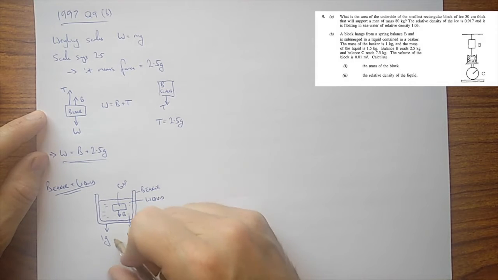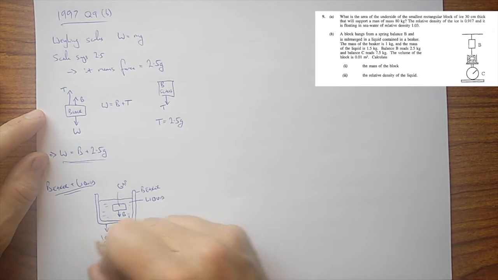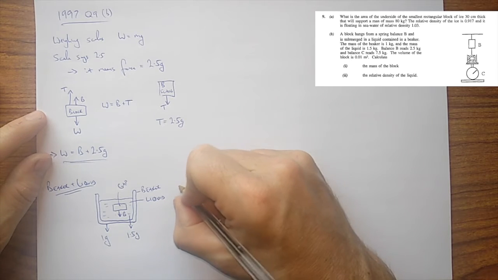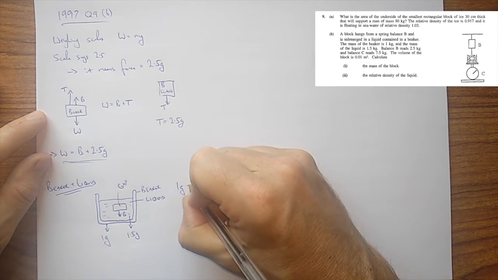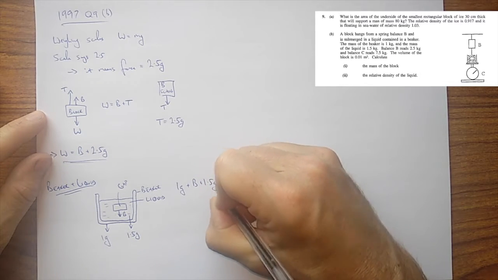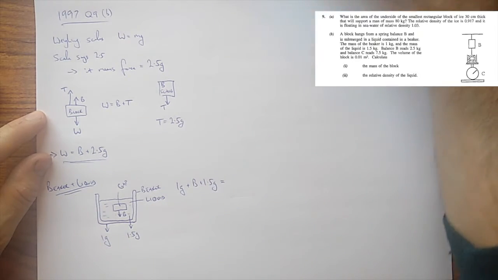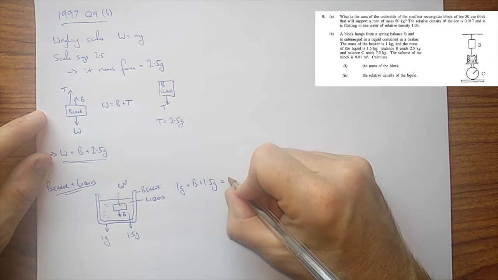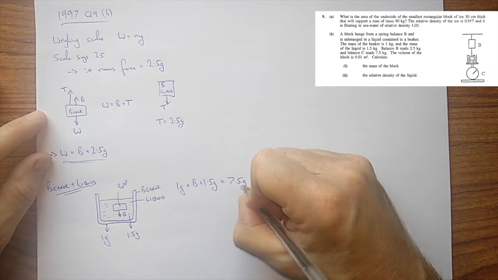All of those are sitting on the scales, which I can't really draw here, but if you think of the forces down, we have 1 g plus the buoyancy plus 1.5 g. All of that sits on the scales, which reads 7.5, so we know the force on the scales is 7.5 g.